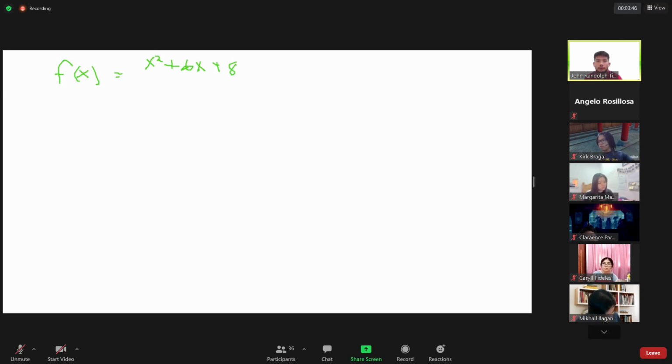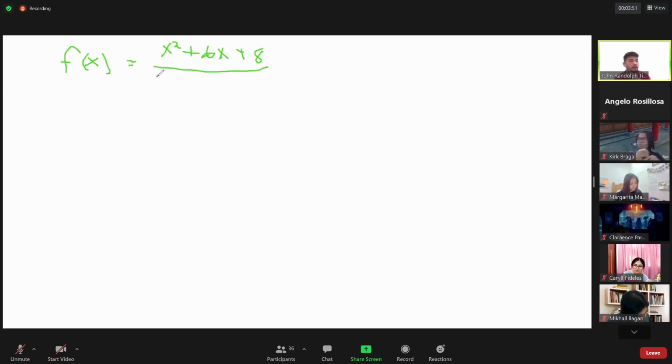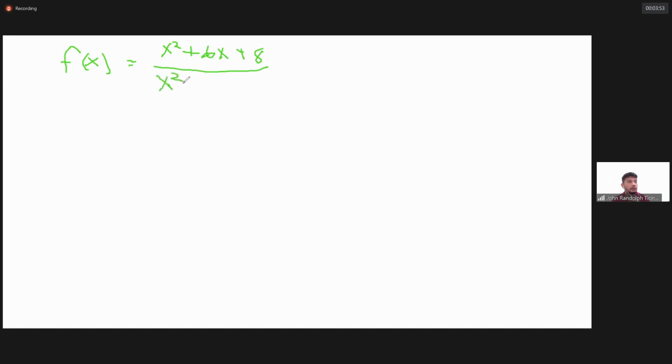Say for example, we're given this rational function f of x equals x squared plus 6x plus 8 over x squared minus x minus 6.